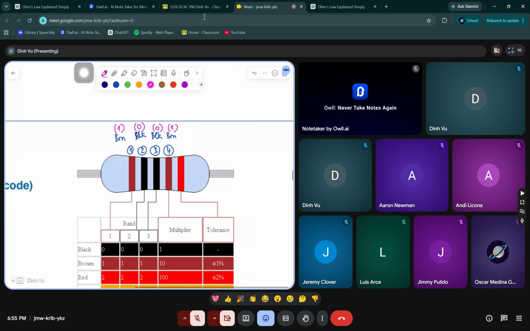So the first digit is 1, the second digit is 0, the third digit is 0, and then the last band, band 4, is 1. That means we add 1 zero. We add 1 more 0 after the three digits. So finally, this is 1,000 ohms, or 1 kilo ohms.